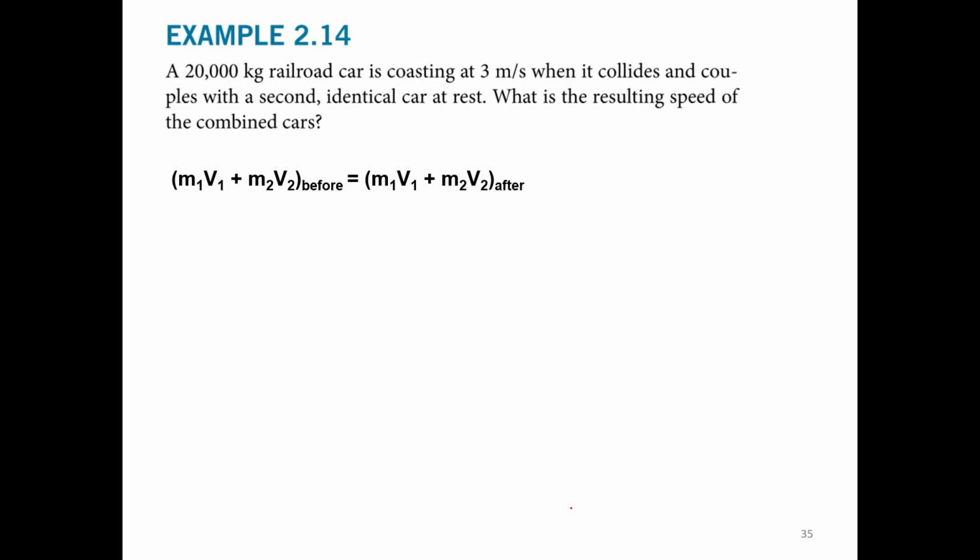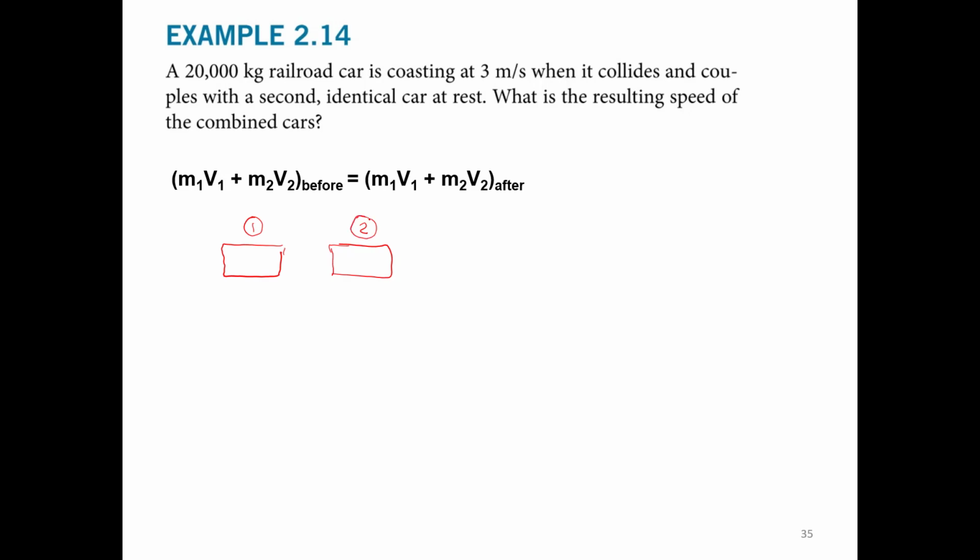And this is the situation we had in this case. I will try to write better. So, this is the first car, that's right here, and this is the second car.